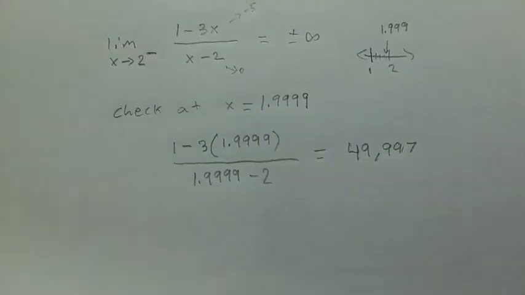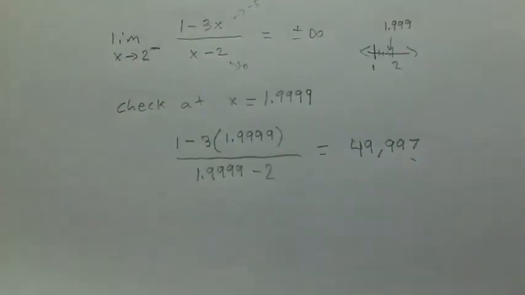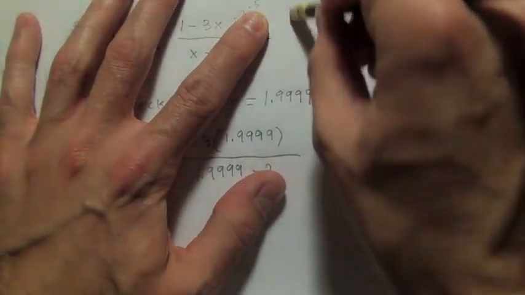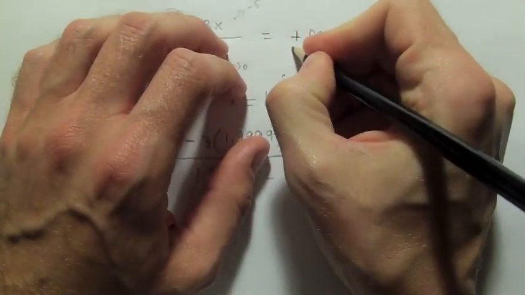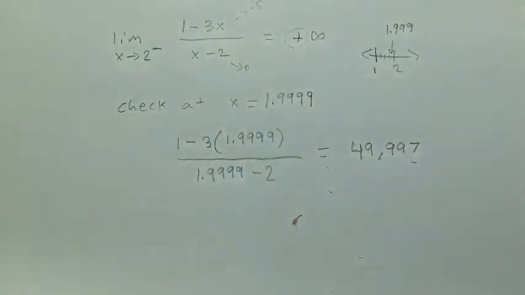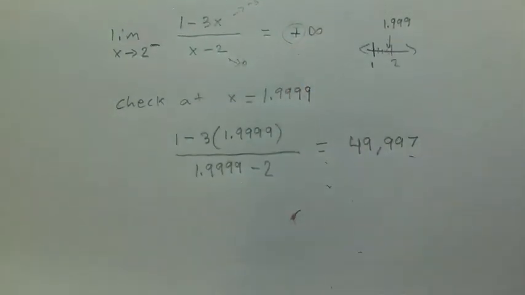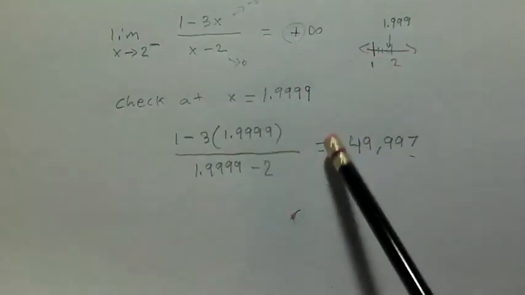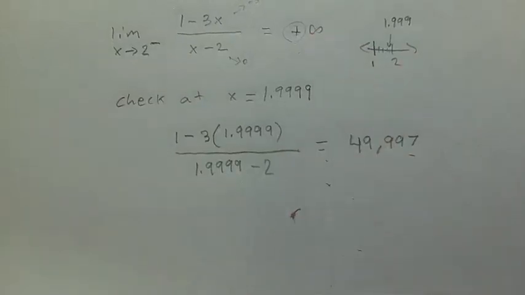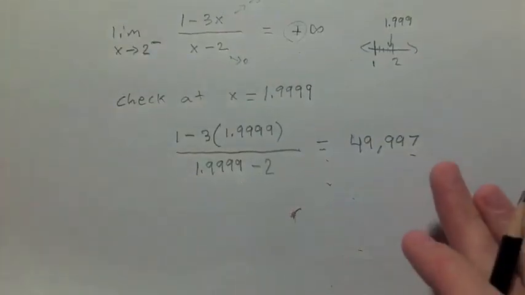Okay, that's a big, big number, so it's clear that this guy is going to positive infinity. Okay, we get a positive number out. Yes, I do like to write positive for these problems. Early on, once you leave this class, I kind of don't care what you do. But as you're learning things, to help reinforce what's going on, you have to check. You have to write me something here.